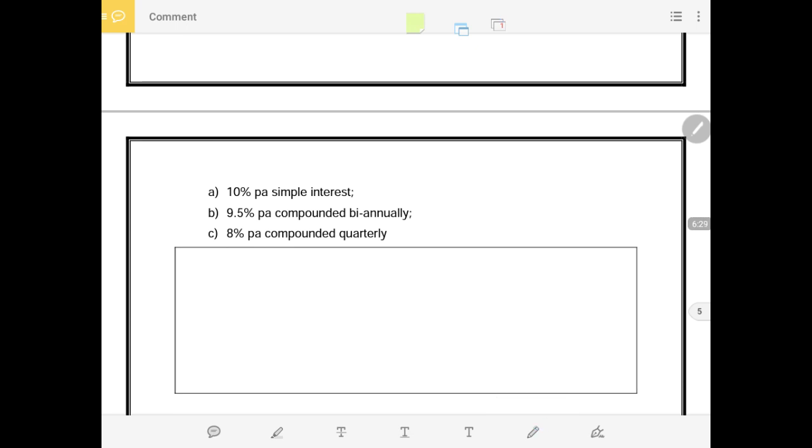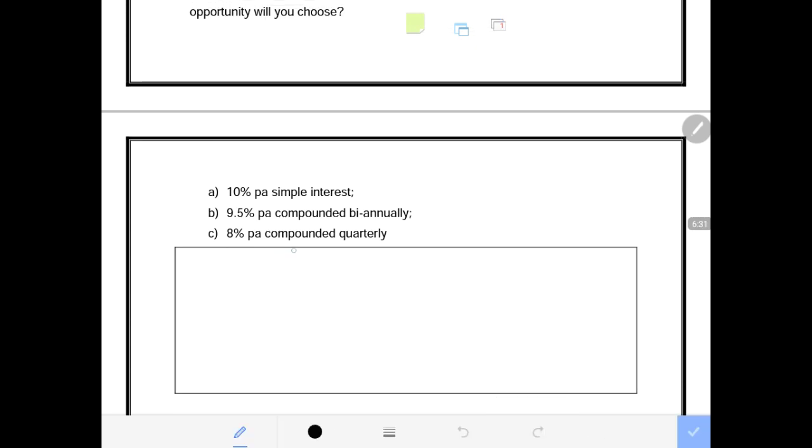Now we need to take a decision in terms of which investment will give us the better return. I will have these 3, which are A, B and C. We need to know the sum accumulated, and we know that the sum accumulated from simple interest is the amount invested times 1 plus the interest times n.